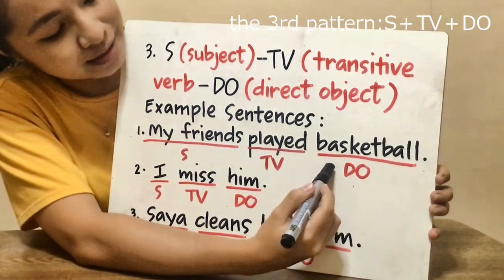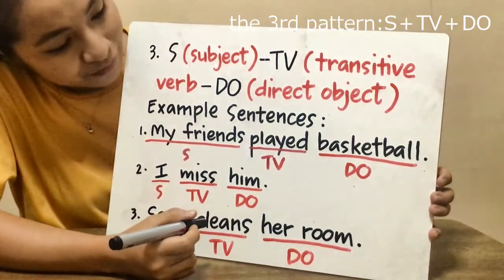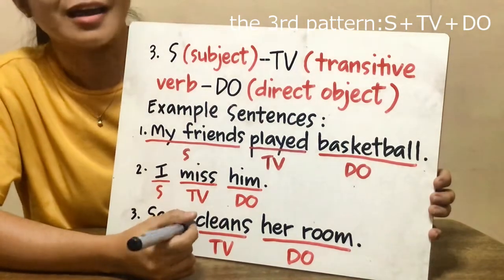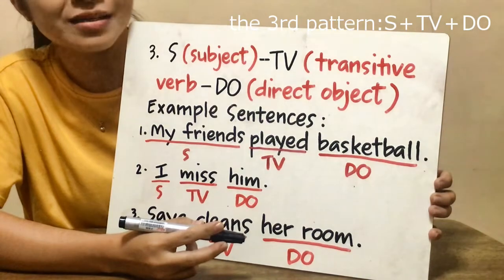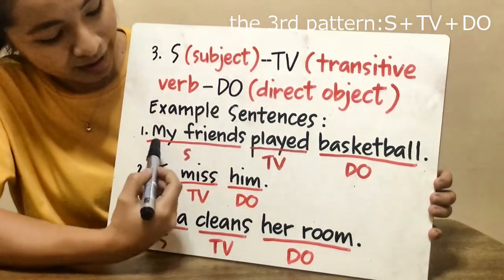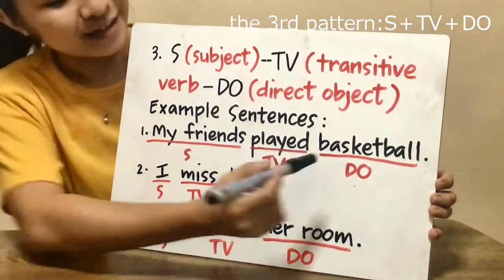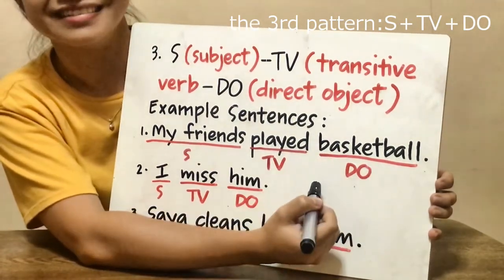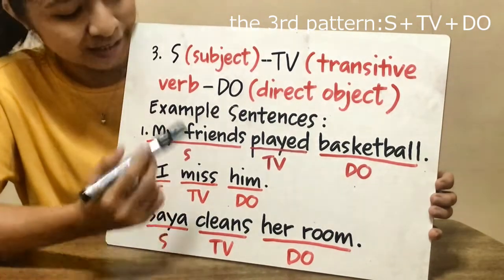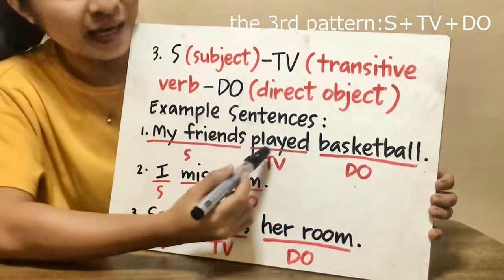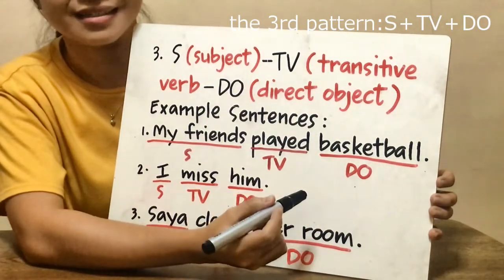And this is basketball. So it's very simple to identify the direct object in a sentence. You just have to ask what or who. For example, my friends played what? What's the answer? It's actually basketball, right? Again, you can use the question what. For example, my friends played what? Basketball. So basketball is your direct object.